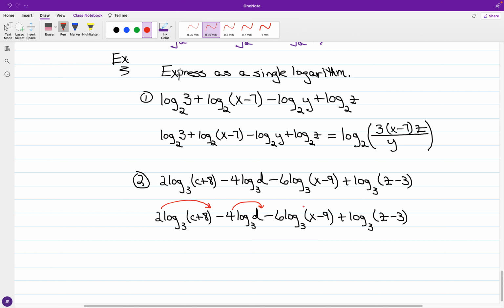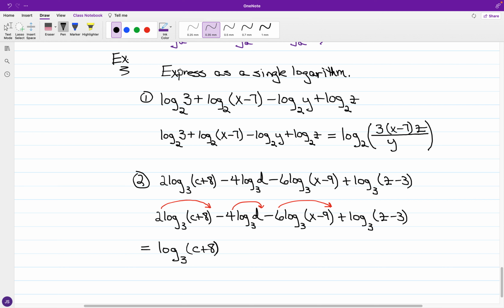So you've got 2, 4, 6 we make into a power. So before we consolidate, we'll go ahead and take care of any coefficients besides 1 in front of each of the logarithmic terms.